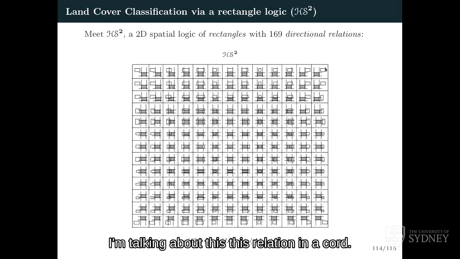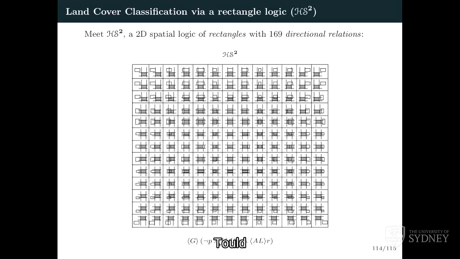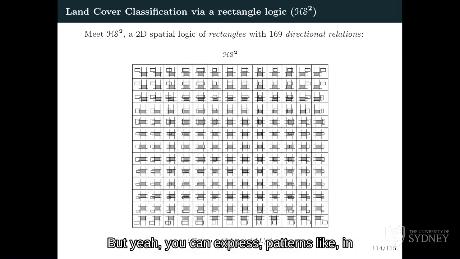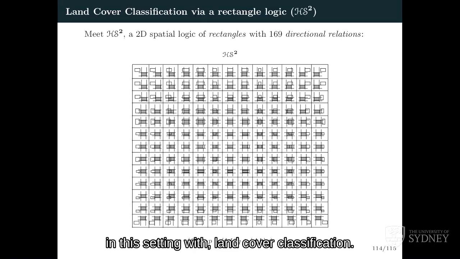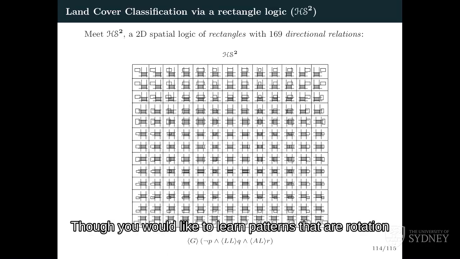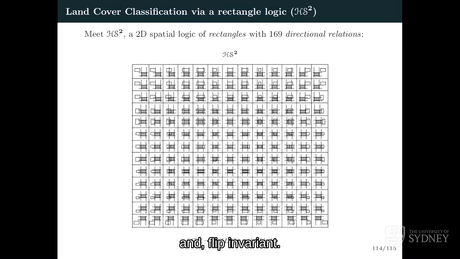This is just one out of 169, right? It's a large number, I would say. But yeah, you can express patterns in terms of rectangles and interval rectangle relations between them. In this setting with land cover classification, though, you would like to learn patterns that are rotation and flip invariant.